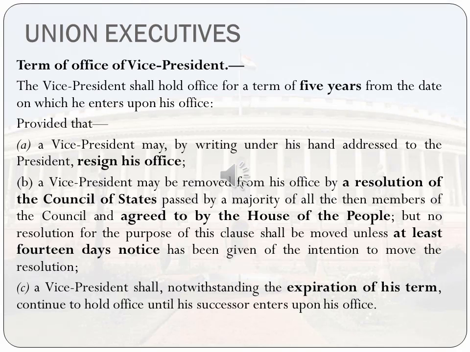The term for the office of the Vice President is 5 years from the date on which he enters his office, provided that the Vice President may resign from his office by writing a letter to the President, and the Vice President may be removed from his office by a resolution of the Council of States, that is Rajya Sabha, passed by a majority of all the then members of the council and agreed to by the House of the People, that is the Lok Sabha.